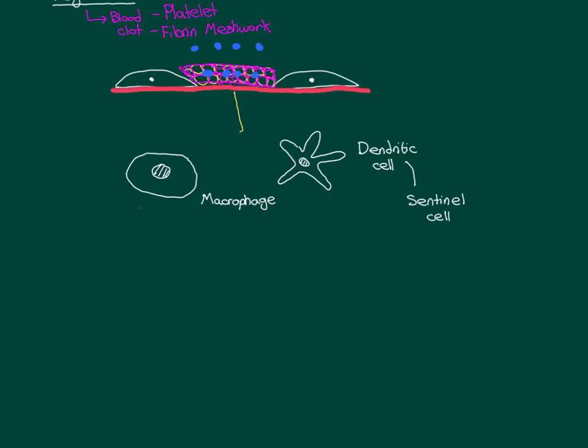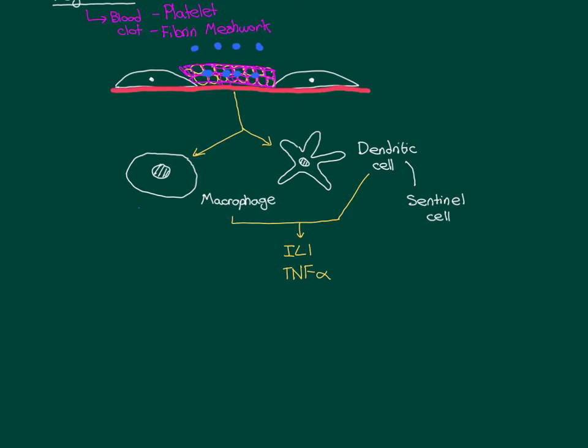So the presence of this pathogen is going to activate the sentinel cells, and they are of course going to start releasing those famous pro-inflammatory mediators that we have learnt before, which are interleukin-1 and tumor necrosis factor alpha. So they appear again. These are now going to cause inflammation in this area.